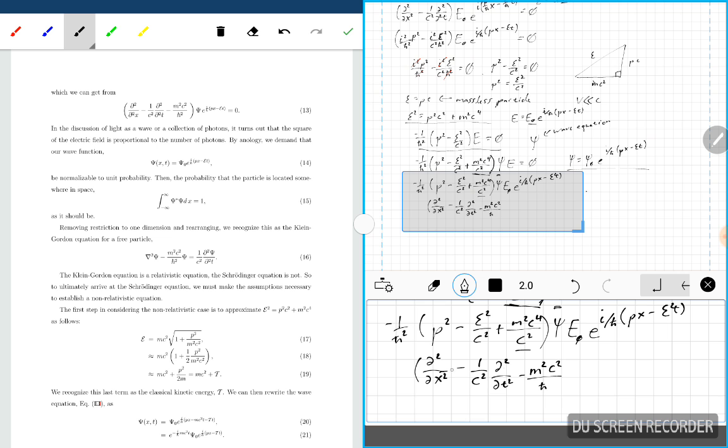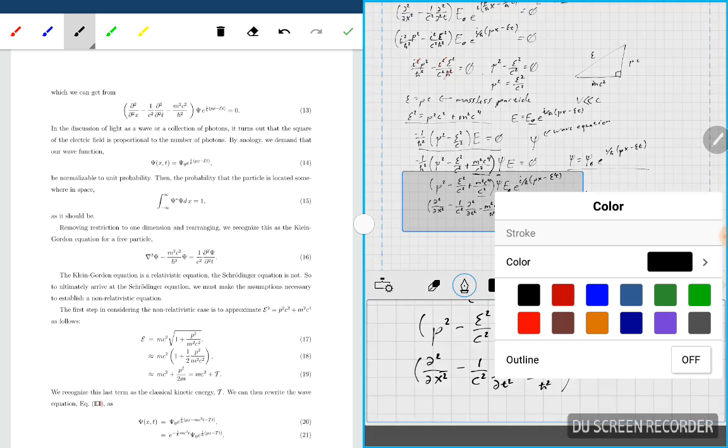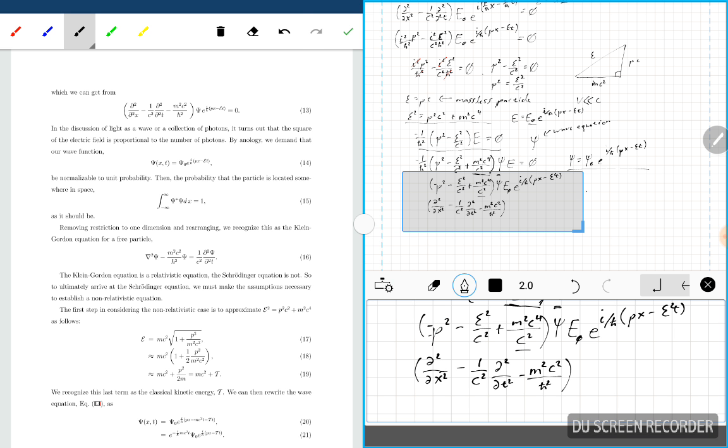And then if we had the 1 over h bar squared outside, then I have to account for that being inside there. So it might be a little bit more useful to write that out like this. And then that'd be h bar squared, times our wave function, psi e naught, which I suppose is not that important.